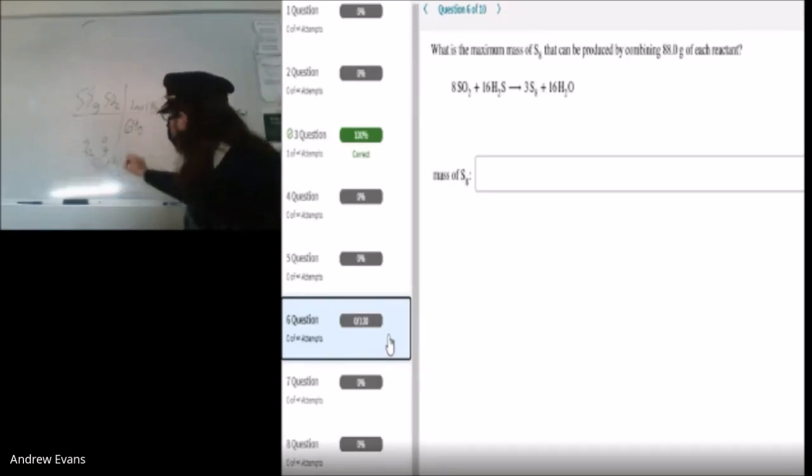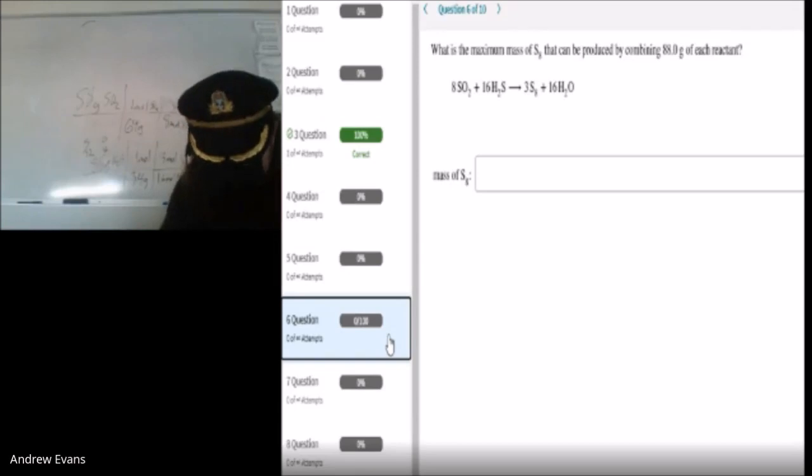Now let's do the same thing with 88 grams of H2S. H2S has a molar mass of 34 because H is essentially 1 gram per 1 mole. And you need 16 moles of H2S to produce 3 moles of S8.